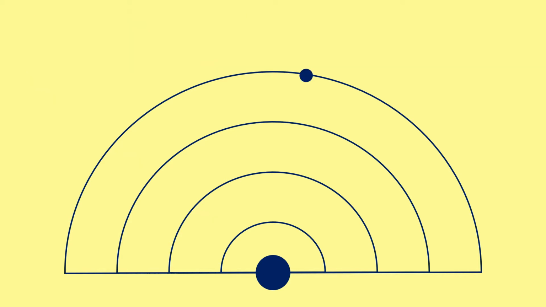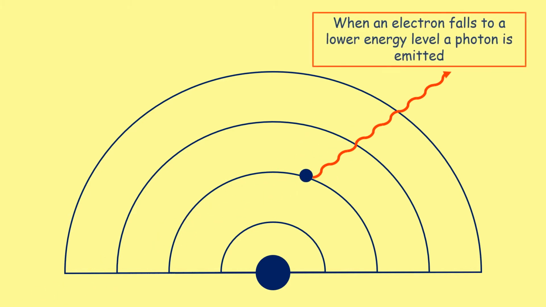Now we've got an electron in the higher energy level. If we no longer have light or heat keeping it in that energy level, it'll fall back down. Now it doesn't have to fall back down to the exact same level it was in before, it just needs to fall down a bit lower. And when it falls down, what happens is that it emits a photon.